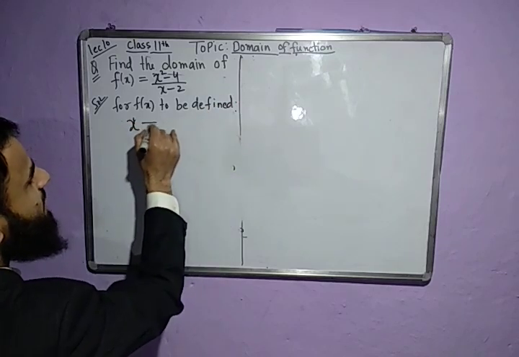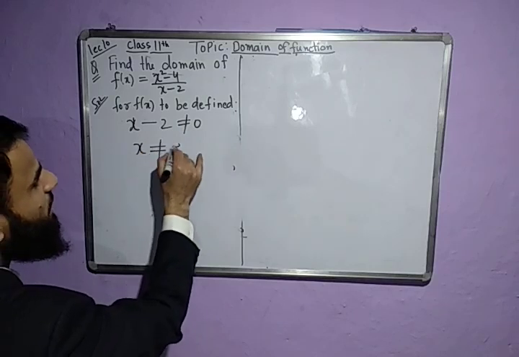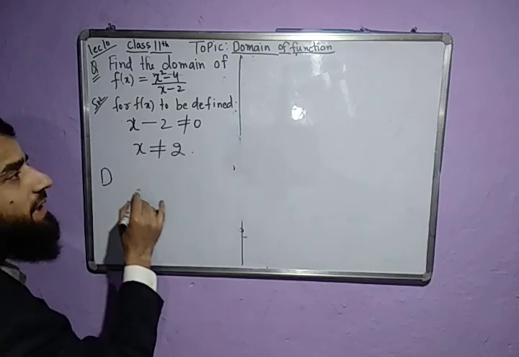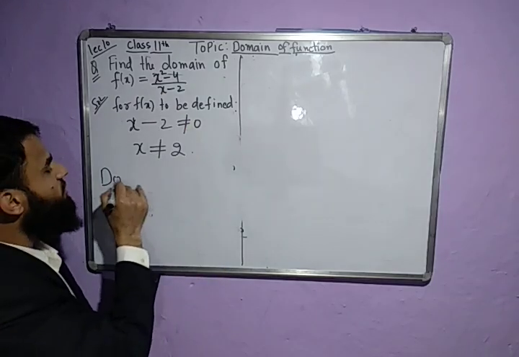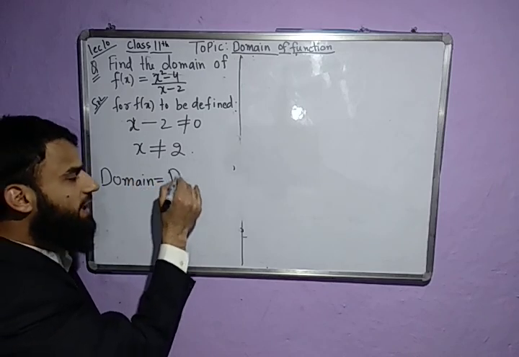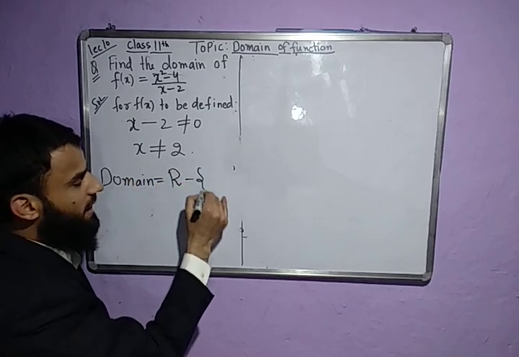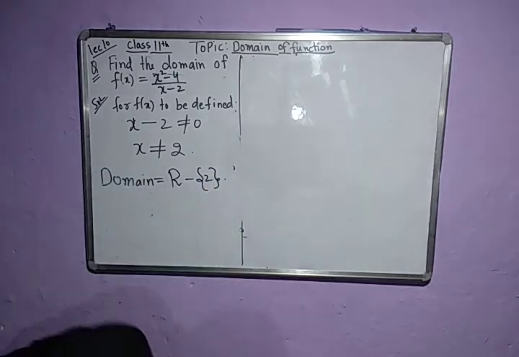It means x minus 2 should not be equal to 0, so x should not be equal to 2. Domain is nothing but the possible values of x. It means domain is all real values, but without this value 2. Next, I will discuss another question.